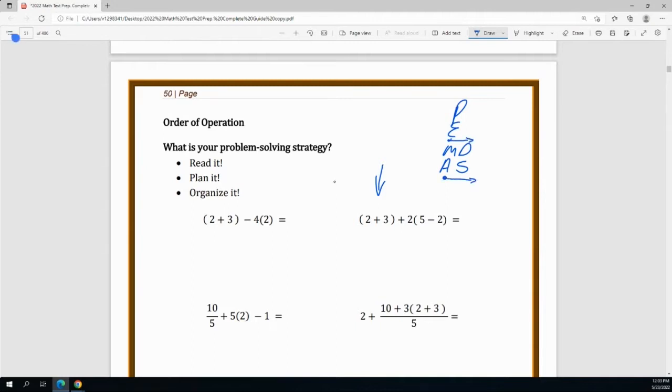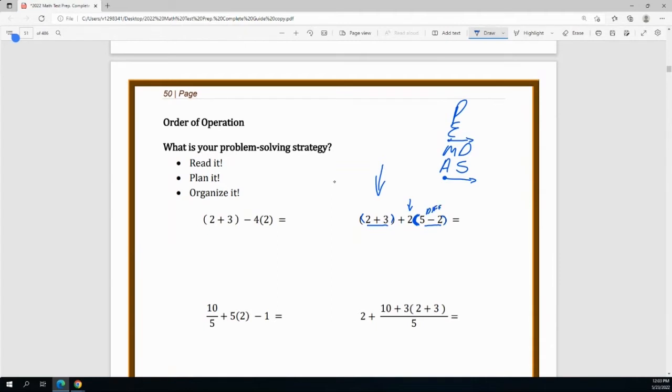Okay. When we look at this first math problem, we'll notice that we have a parenthesis math problem here. We also have another parenthesis math problem here. So we have 2 plus 3. We also have 5 minus 2. Notice this. Do you see that 2 sitting out there? That 2 is slammed up against this parenthesis, which means what the difference that comes from here, and that number is going to be 3.